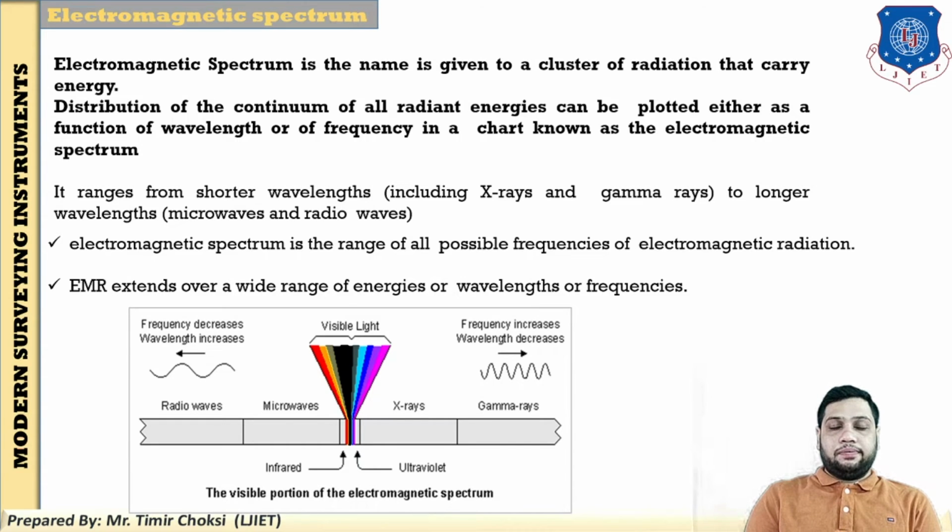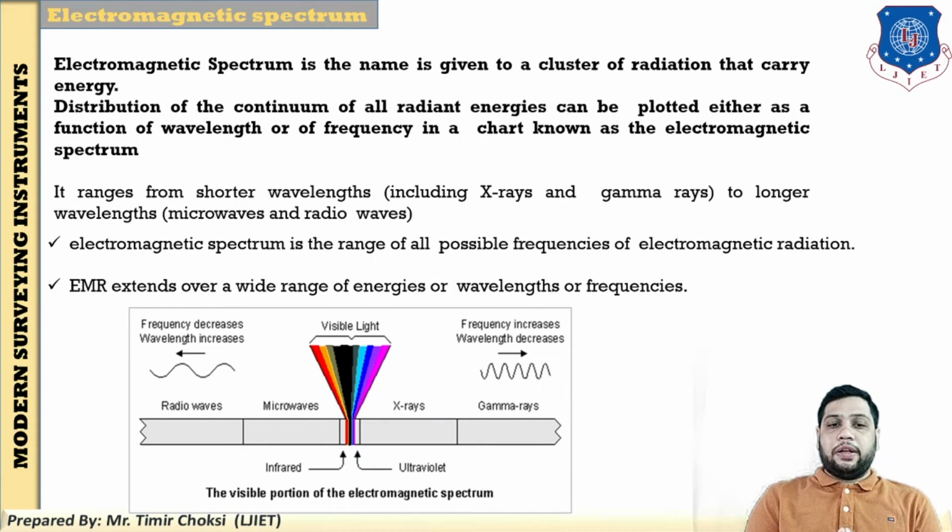So the electromagnetic spectrum is plotted from shorter wavelength to larger wavelength. You know that X-rays and gamma rays have a very small wavelength, and in microwaves and radio waves the wavelength, the distance or length, is larger than that of X-rays or gamma rays. So the electromagnetic spectrum covers all types of radiation, from shorter wavelength to longer wavelength.